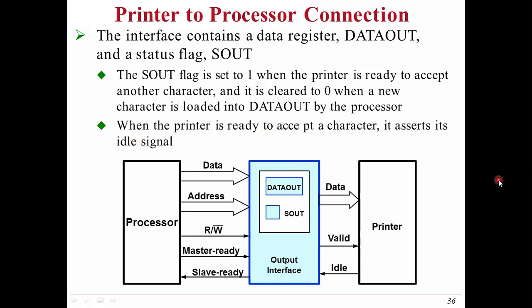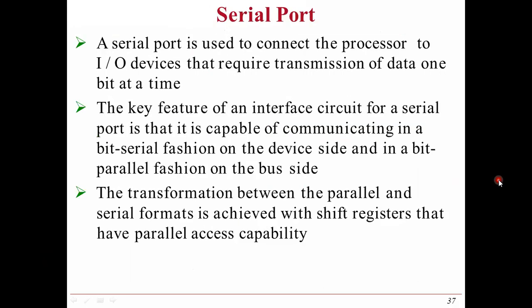So the next port is the serial port. Serial port means here the data is transferred bit by bit. At a time, one bit is transferred. A serial port is used to connect the processor to I/O devices that require transmission of data one bit at a time.